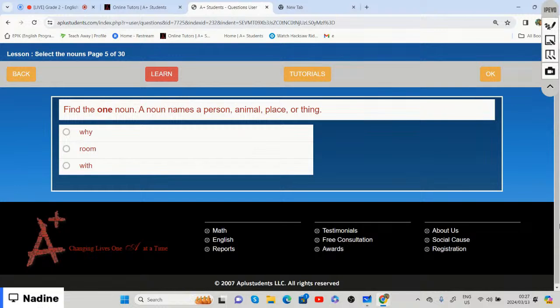All right. So we said that nouns name an animal, a person, a place, or a thing, right? Now we're going to the next one. We need to select the noun. Is it why? Is it room? Is it with?